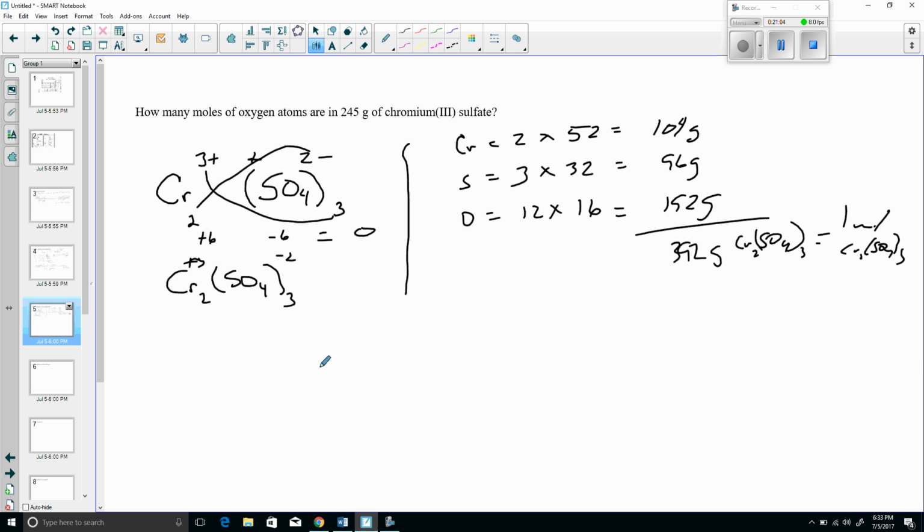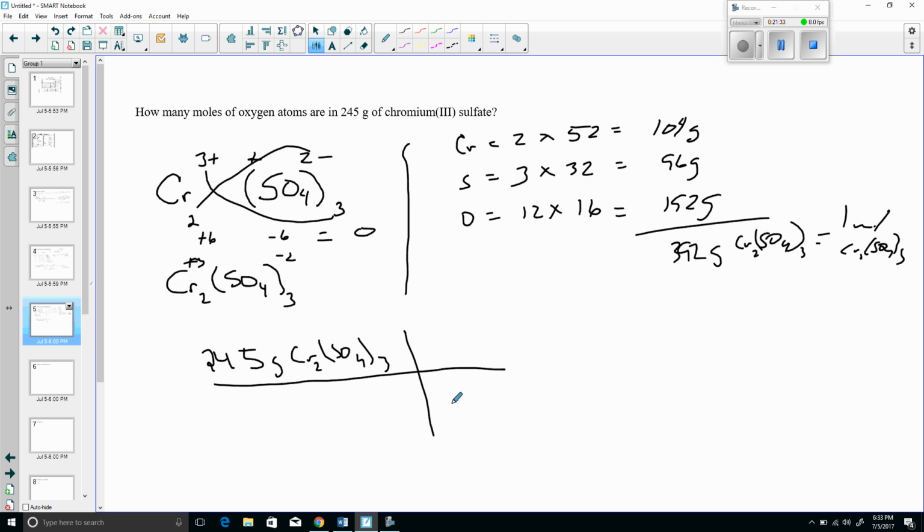Okay, so with that, we can start our bracket. We know we're going to start with what is given. It was given 245 grams of chromium(III) sulfate, and we know that is Cr2(SO4)3, and I'm never going to be able to write real well on this thing, so you're just going to have to forgive my sloppy handwriting.